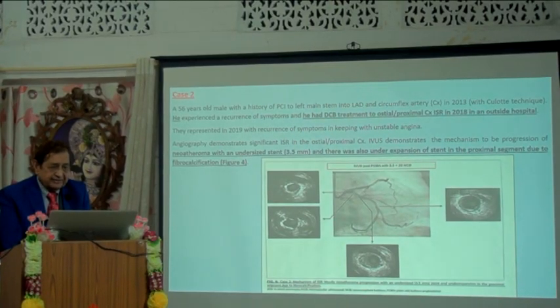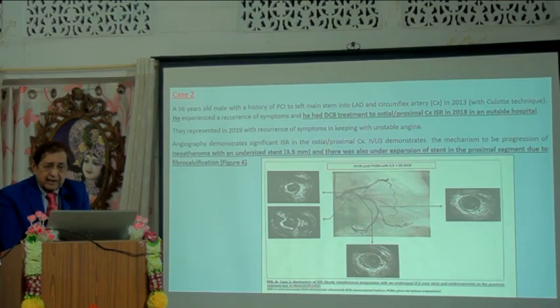They represented in 2019 with recurrence of symptoms in keeping with unstable angina. Angiography demonstrates significant ISR in the ostial and proximal circumflex branch.